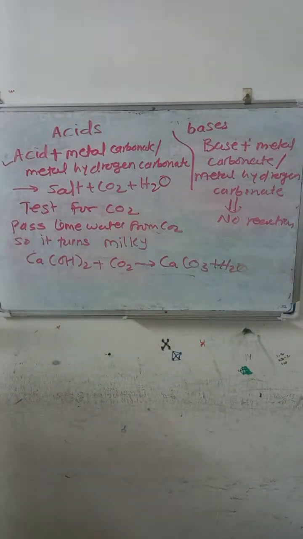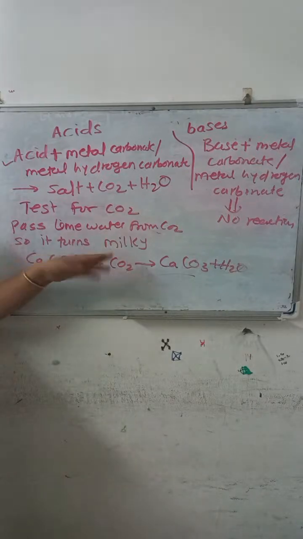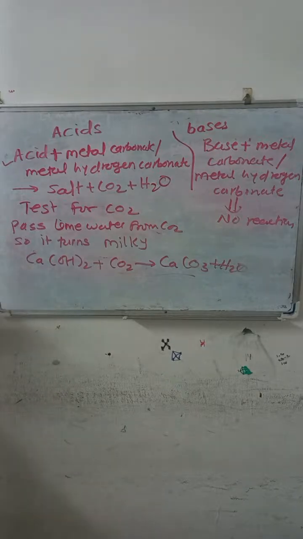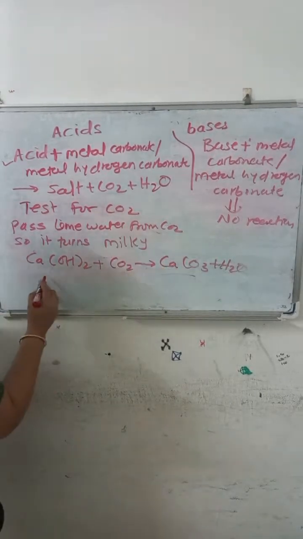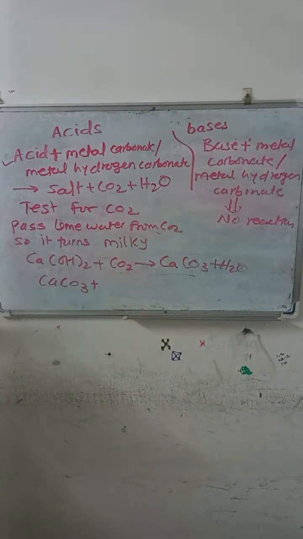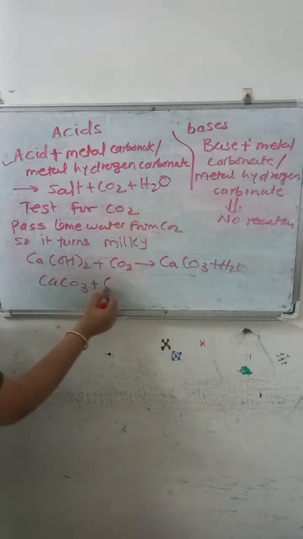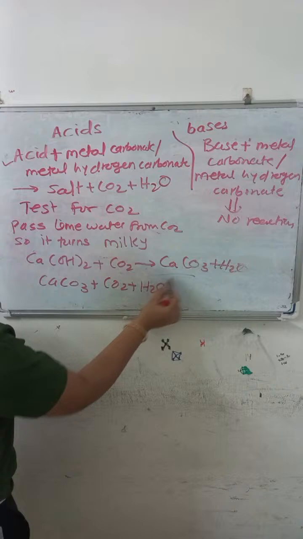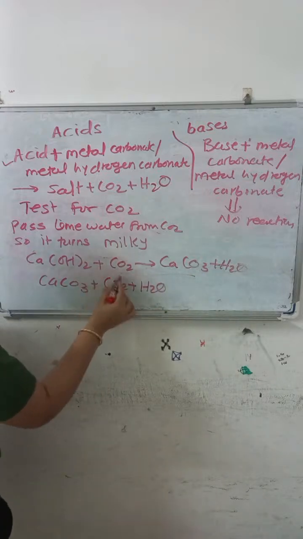When excess CO2 is passed again, that milkiness disappears. Means you are passing a little more CO2, and the milkiness vanishes. The solution is now not milky, not even off white. Since CaCO3 has formed, we are passing more carbon dioxide. Already these two products, CaCO3 and H2O, were written here, and again I am passing more CO2.